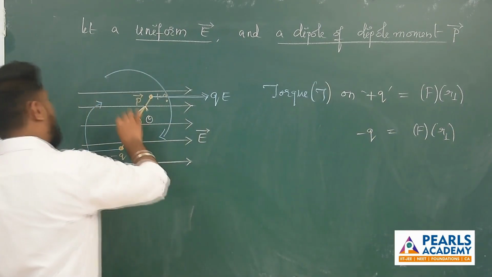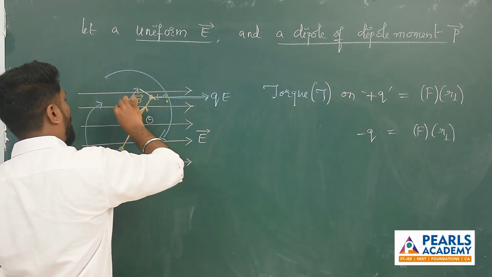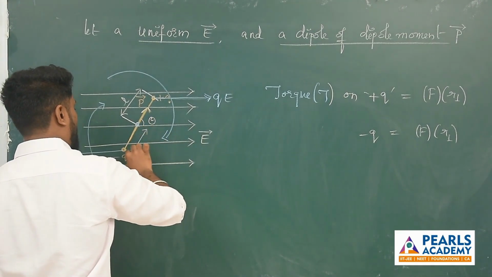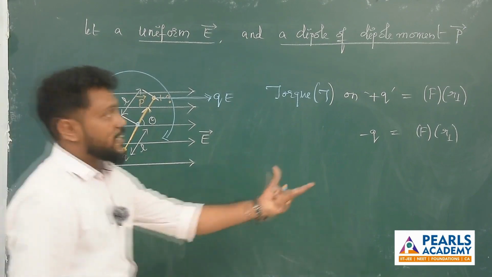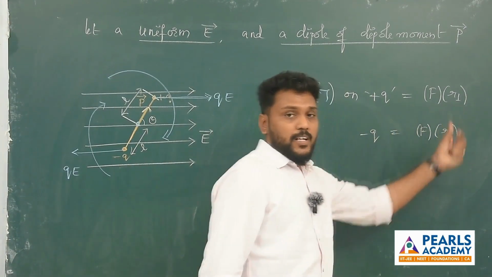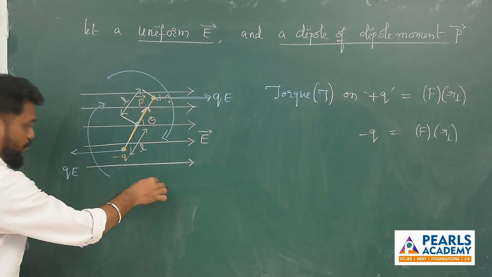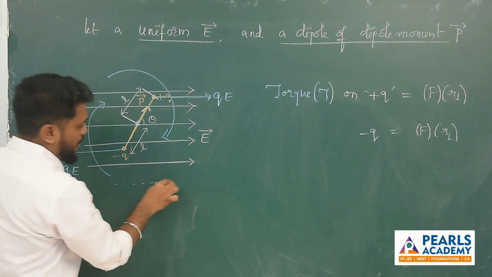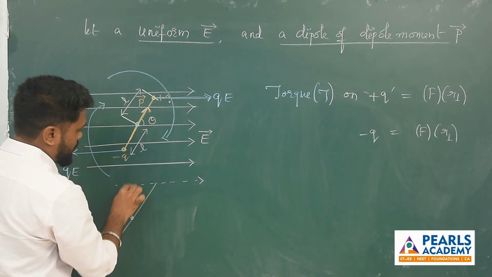And we know this distance from the center of the dipole to charge, let's take as L, and this also will be L. Now perpendicular distance in rotational mechanics always stands for the distance between the line of action of force and the axis of rotation. For example, this is the axis of rotation and line of action of force is acting like this. So this will be the perpendicular distance.